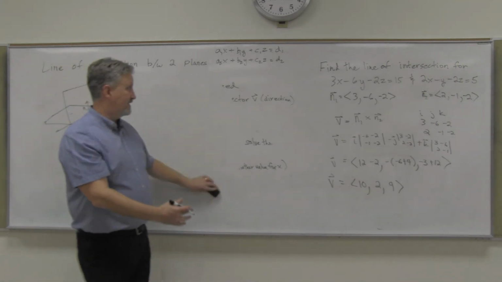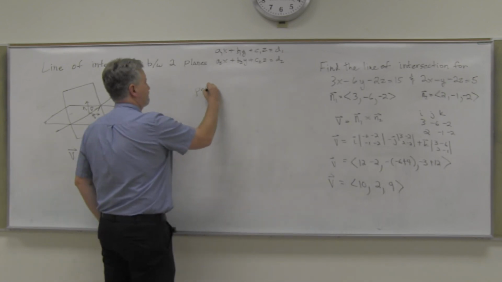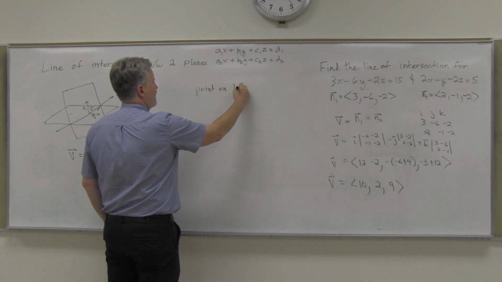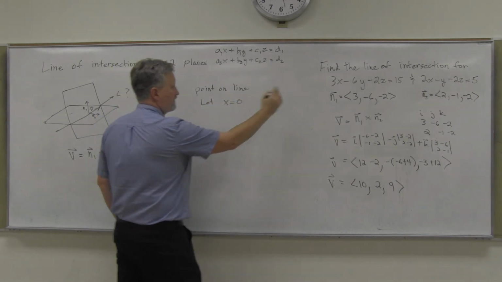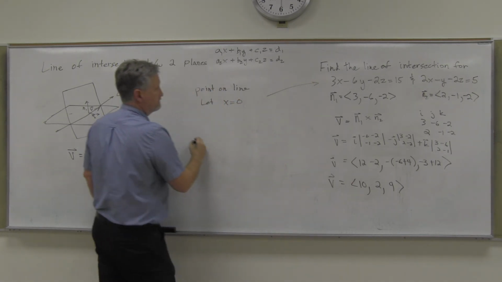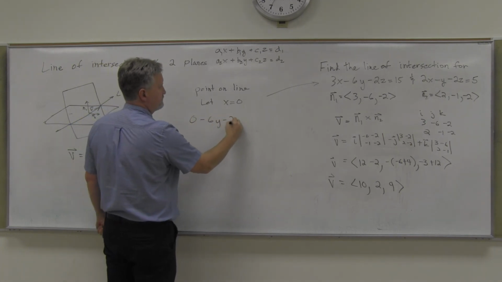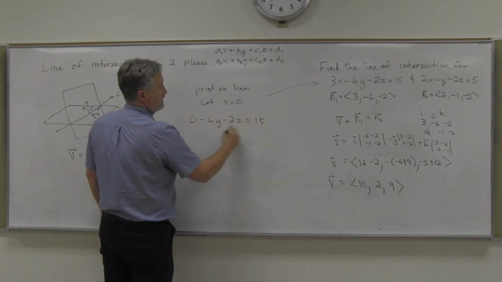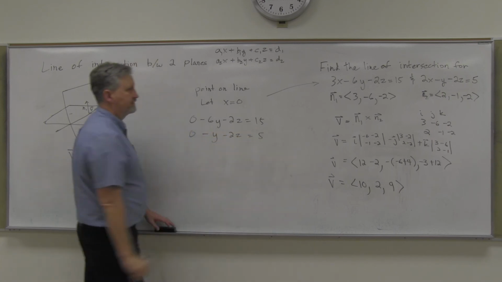We need a point on the line. So we're going to let x equal 0 for each one of these. So that'll be 0 minus 6y minus 2z equals 15. That'll be 0 minus y minus 2z equals 5.